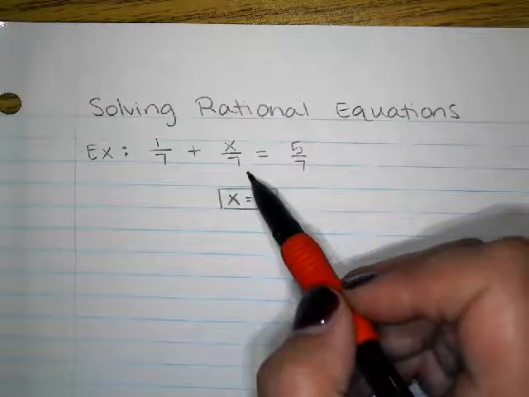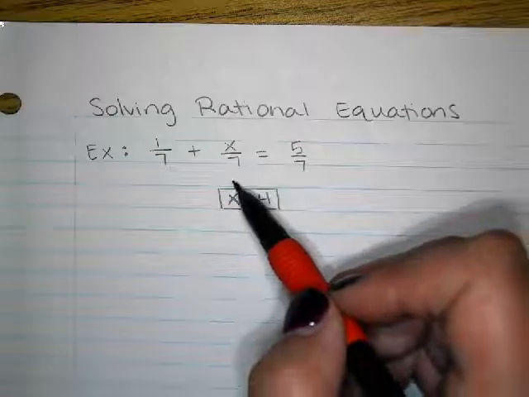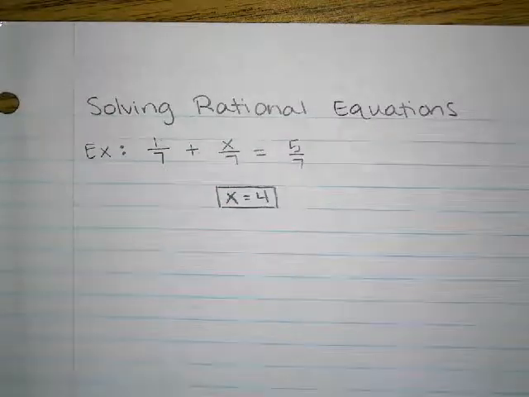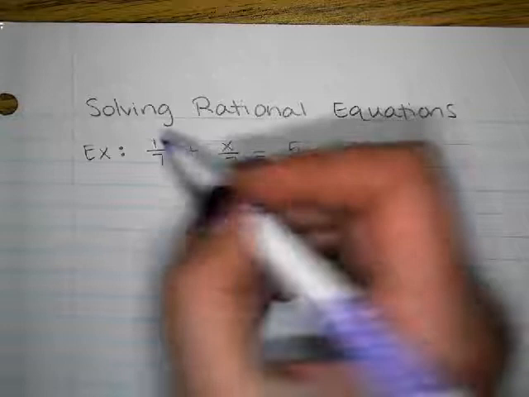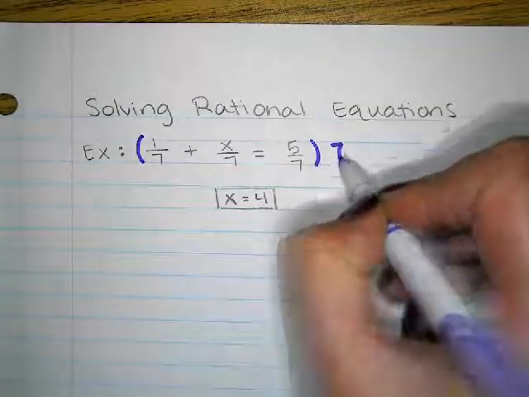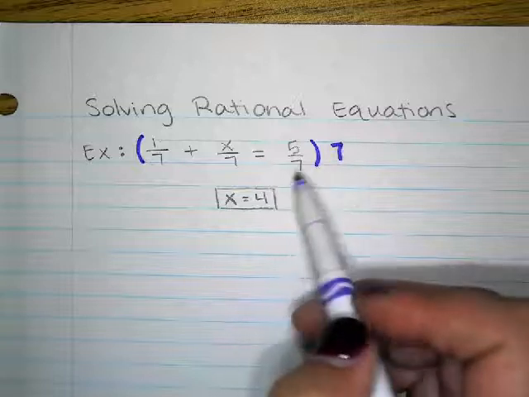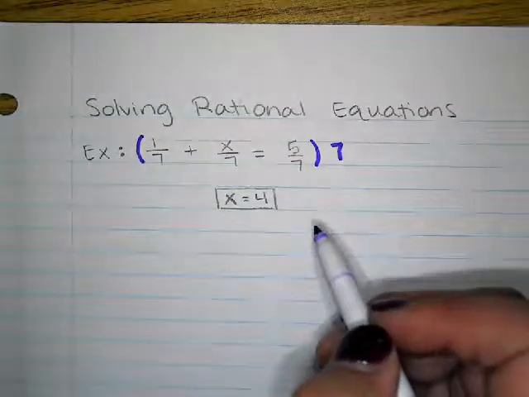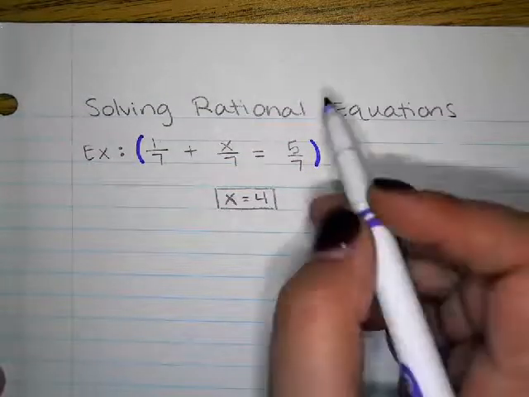What we could have done is multiply all of these by 7, and then it would cancel out and you would just be left with the numerator: 1 plus x equals 5.